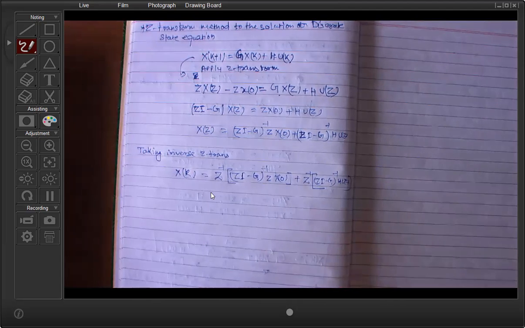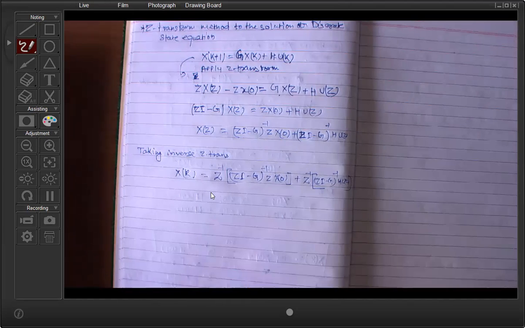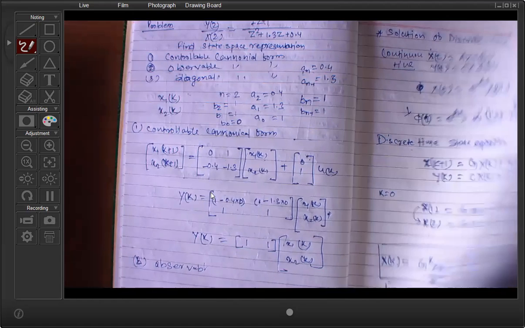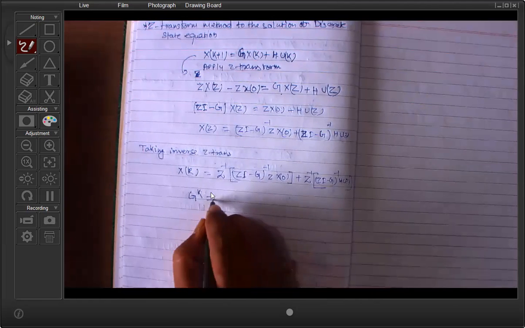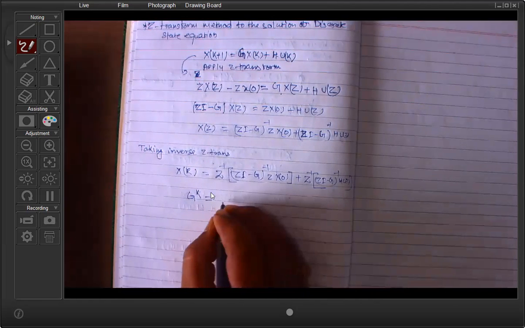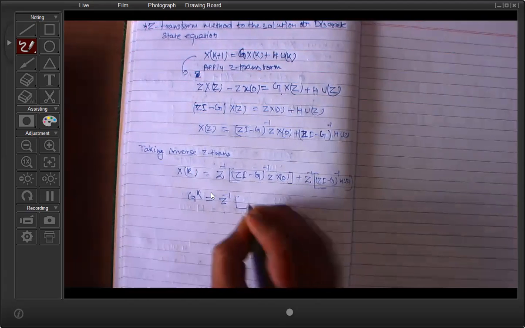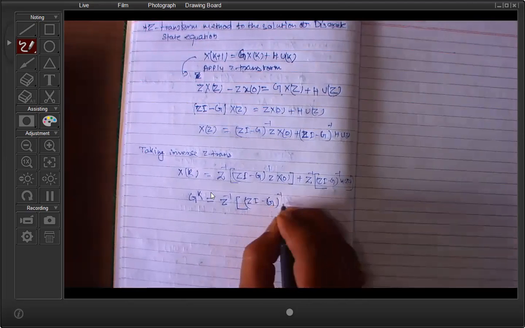Now if you compare with the previous expression of the solution, G to the power k is replaced by the inverse Z transform of (zI minus G) inverse z.